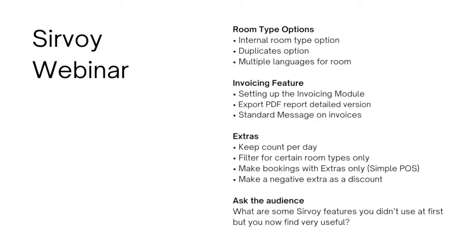So here's an overview of what we'll be talking about. We'll be considering room type options. We'll be looking at the internal room type option function, duplicates option, and then multiple languages for rooms. That's what that is for different room types. You can have it set up so that there's multi-language support. We'll get into the details of that soon.